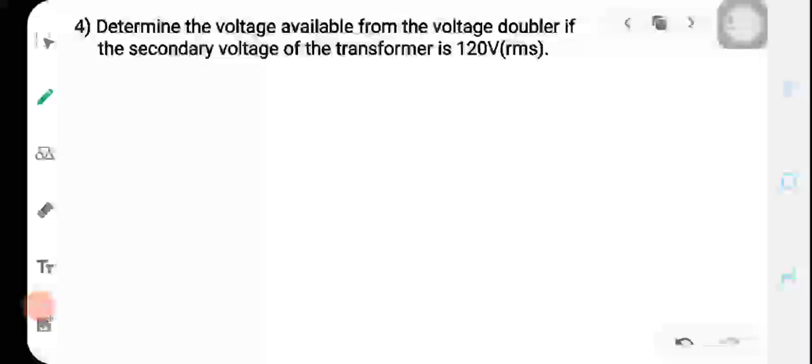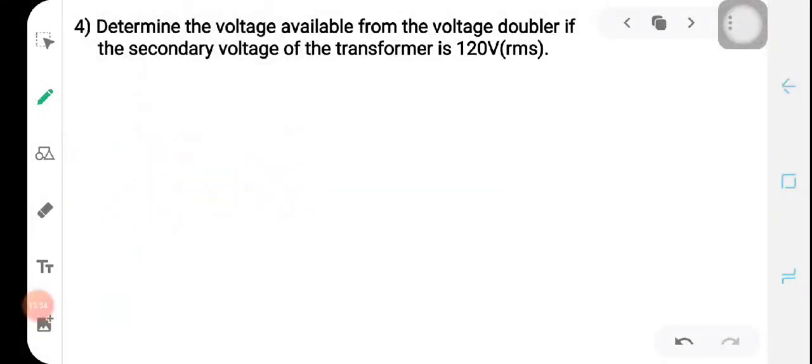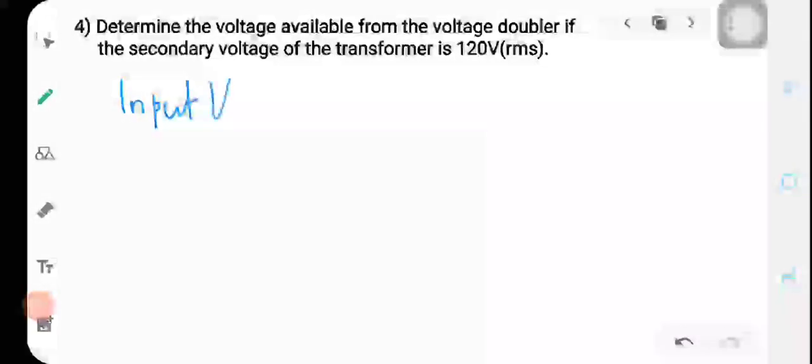That means we are given input Vrms is equal to 120 volt.